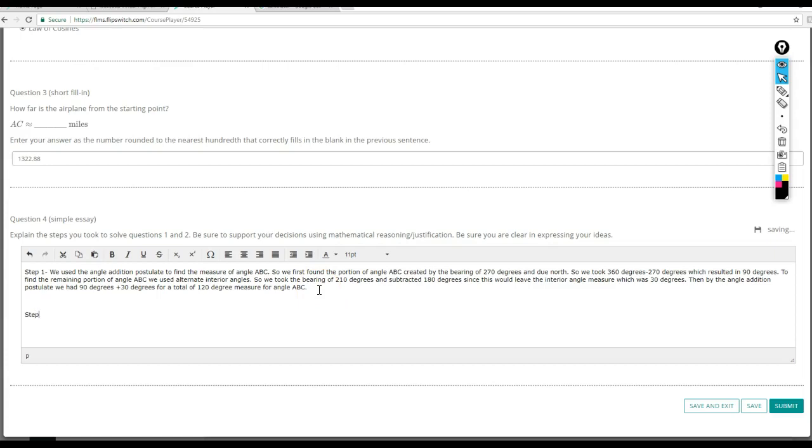And then step 2, we first decided between the law of sines and law of cosines.